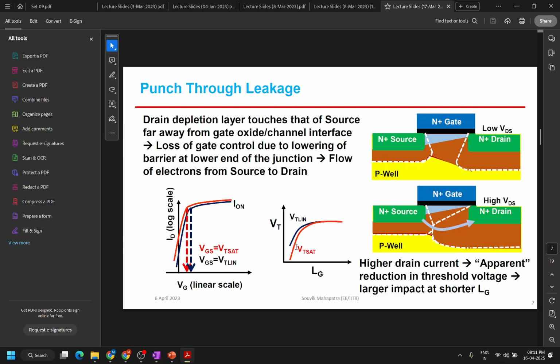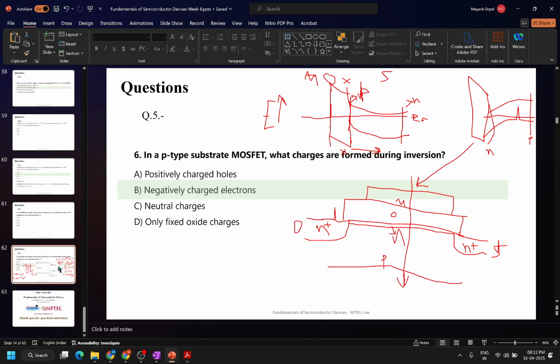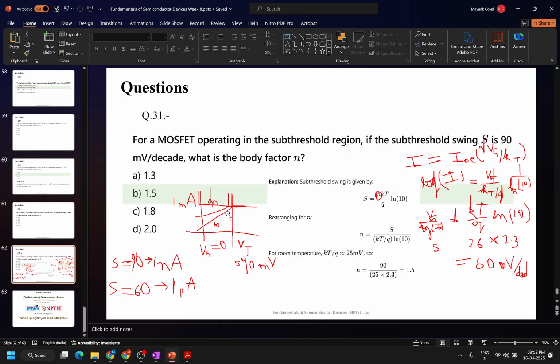So if my VT earlier was 600 and now it's 540, as I had shown during the lecture also, if I'm going down 60 millivolts, I will have my leakage current increased by 10 because it will have 1 less point to decrease.